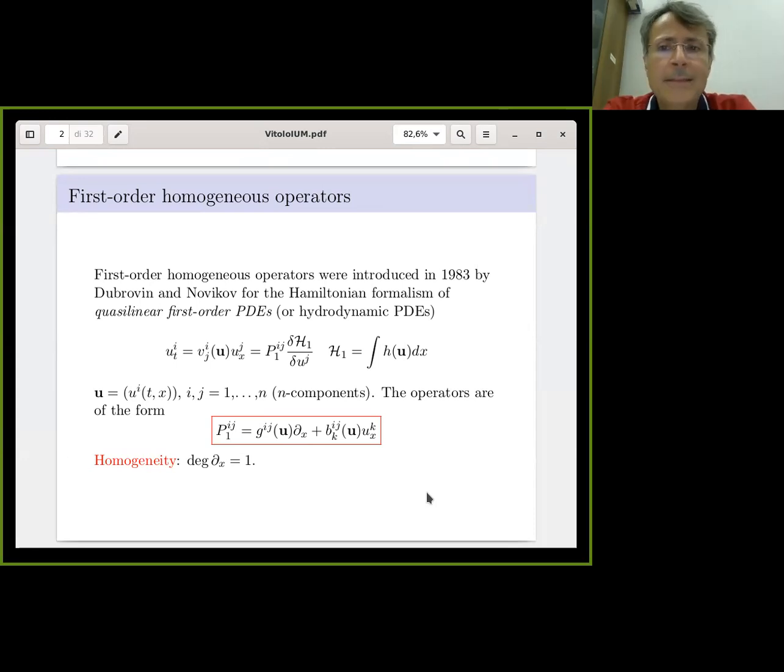I will start from first-order homogeneous Hamiltonian operators. They were introduced in 1983 by Dubrovin and Novikov.